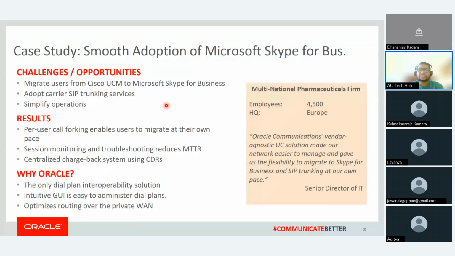You need to create a SIP trunk towards Microsoft Teams direct, and you have to have a tenant for that customer on your Microsoft PBX system, so that once your SIP trunk from Oracle SBC to the Microsoft PBX system is up, the call can go through your tenant. You can achieve this very easily, where you configure the Microsoft Teams direct routing SIP trunk on your Oracle SBC, and then you can adopt carrier SIP trunking services.